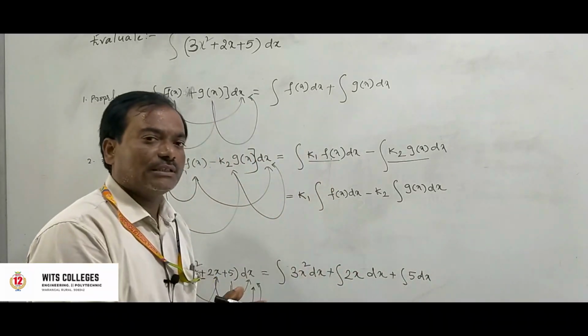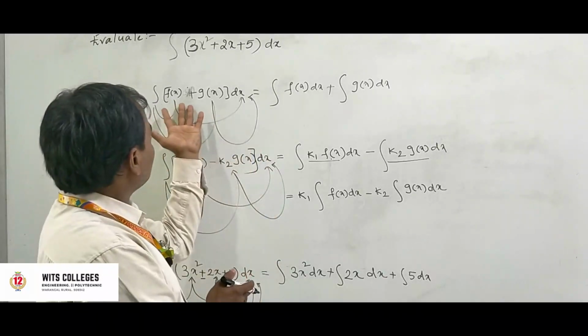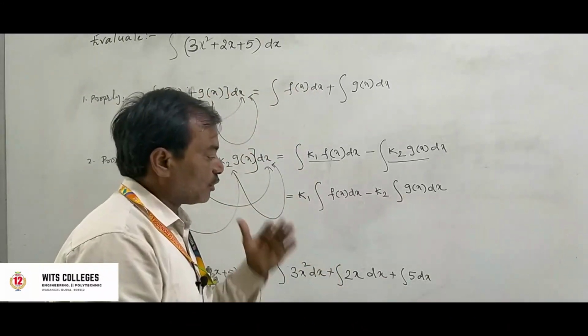This is the first property. So if these kinds of functions are given, we have to write them like this. Yes, first property is over.